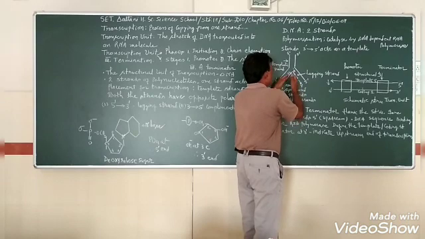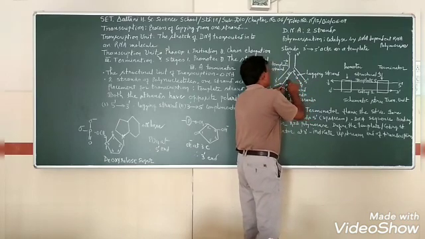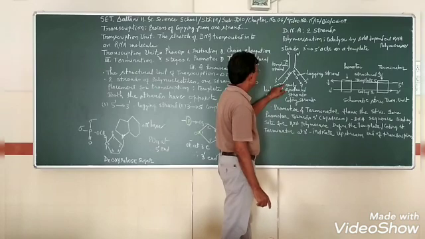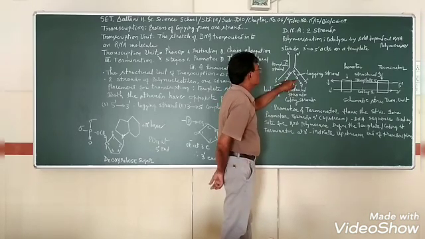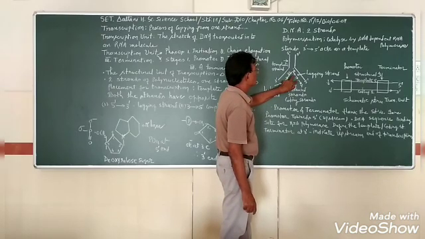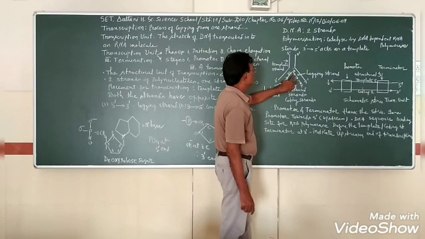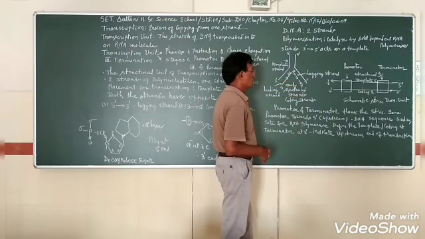Both of them are coding strands. One will be 5 to 3, the other will be 5 to 3. There is a difference here. This is continuous, this is discontinuous. Each portion of the discontinuous strand is called an Okazaki fragment, and after that they will join each other.